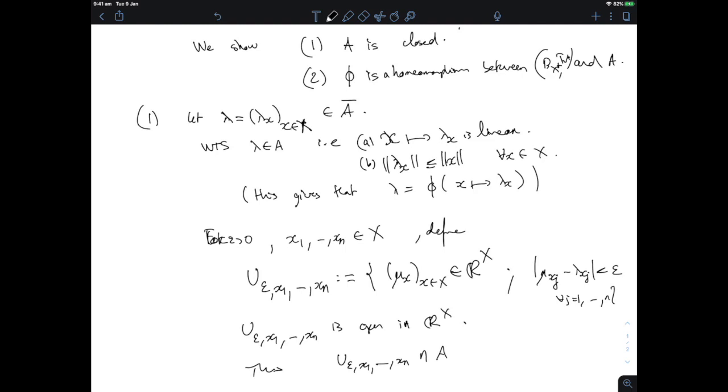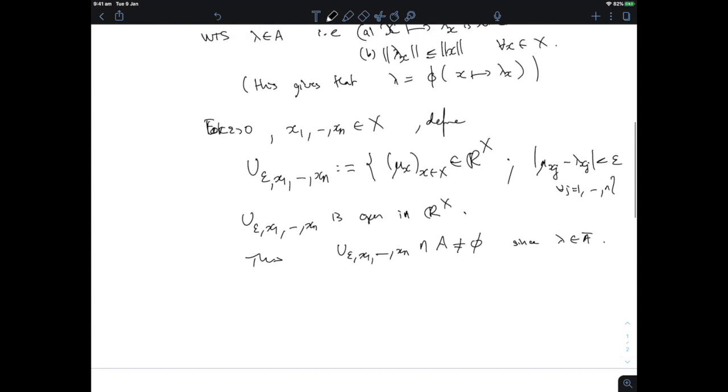So this has to intersect A, because lambda is in the closure of A.